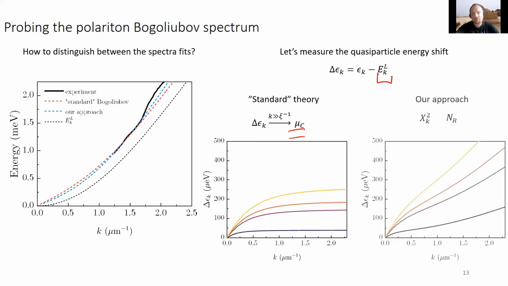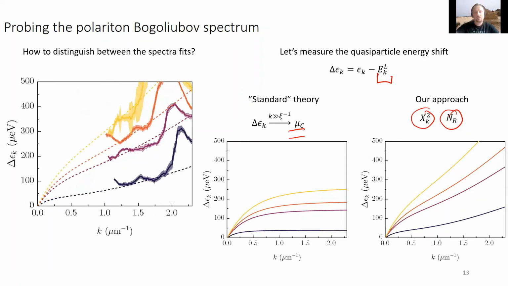But in the theory taking into account Hopfield coefficients and the uncondensed part, one can see a dramatic change in the behavior, especially that it's not reaching a steady constant in this wave vector region. And from the experiment, one can see that this is indeed the case.